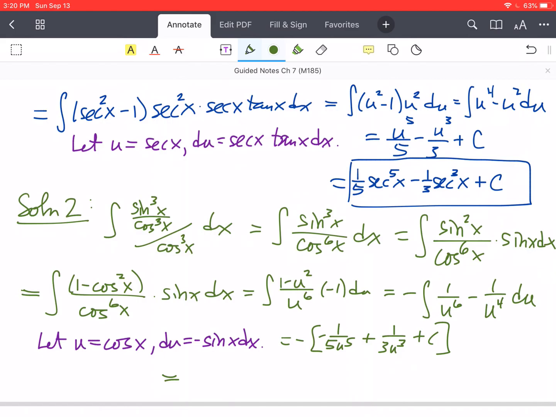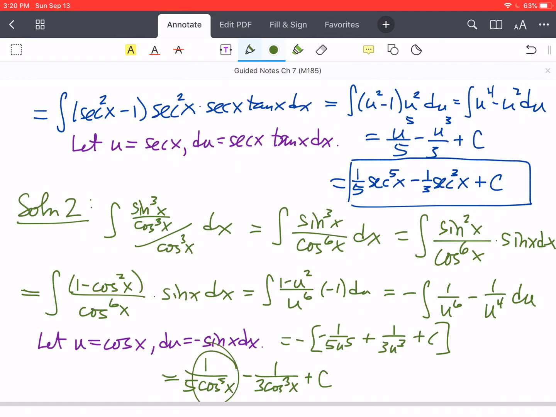Okay, and now sub back in. So distribute the negative, so that one becomes positive, that one becomes negative, and the constant, it doesn't matter because it's arbitrary, so whether it's a plus or a minus, we'll just leave it. So this is 1 over 5 u to the 5th, so that's cosine to the 5th of x, minus 1 over 3 cosine cubed of x plus c.